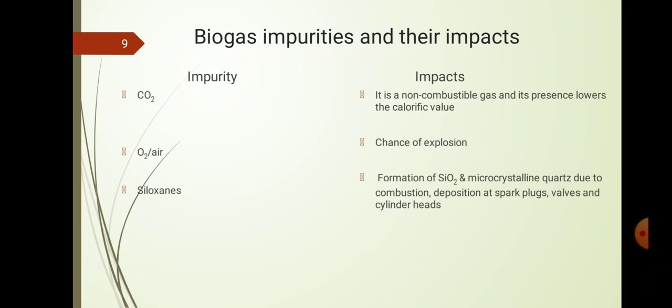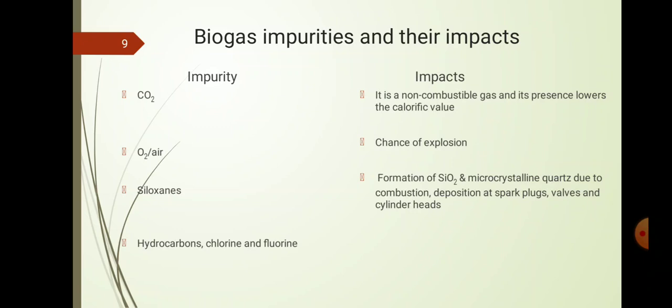That is also very dangerous. They will form silicon oxide, quartz, microcrystalline quartz, etc. due to combustion, and they will deposit on the spark plugs, valves, etc. of the engine. That is very, very dangerous. Finally, the engine will stop working due to this spark plug damage.